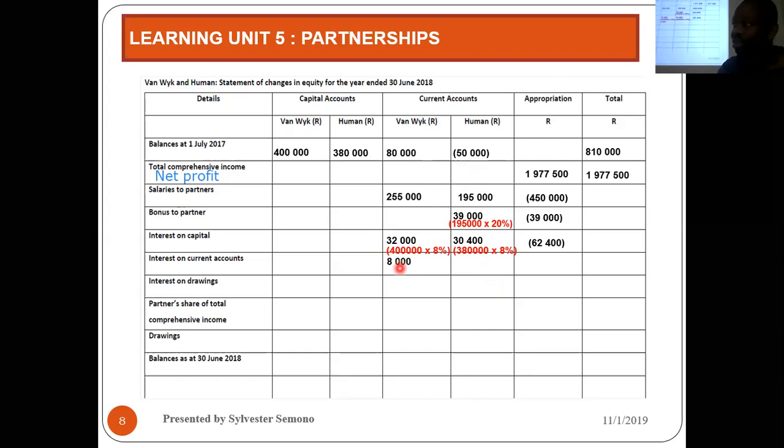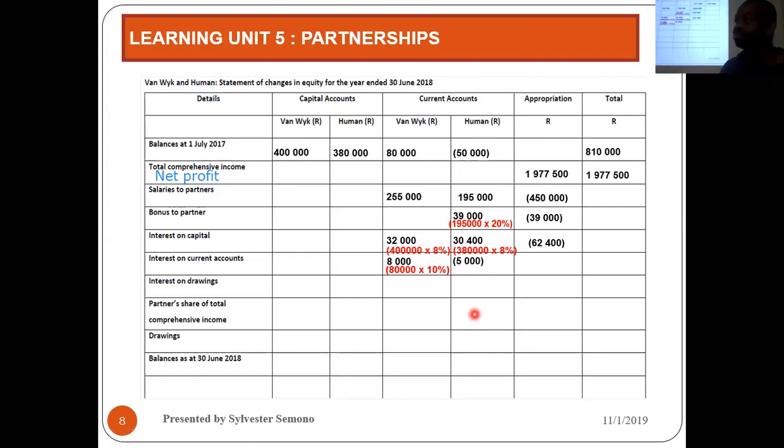Can you see this 8,000? Not in brackets, because this 80,000 is not in brackets. Remember, this is the interest on current account. So the interest will also have no bracket, because we are going to give him. Unlike Human, can you see his balance is negative? So he's going to give the business interest, so we're taking out of him instead of giving him.